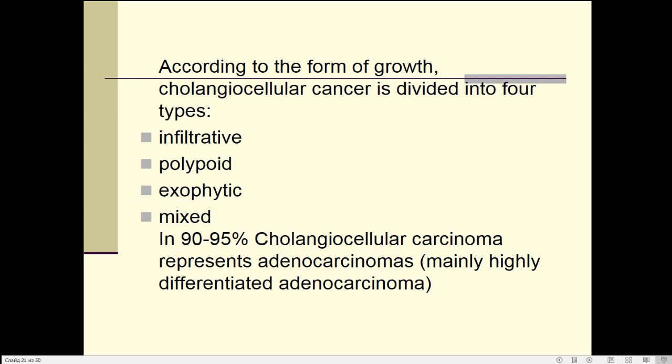According to the form of growth, cholangiocellular cancer is divided into 4 types: infiltrative type, polypoid type, exophytic type, and mixed. In 90 to 95% cholangiocellular carcinoma represents adenocarcinomas, mainly highly differentiated adenocarcinoma.